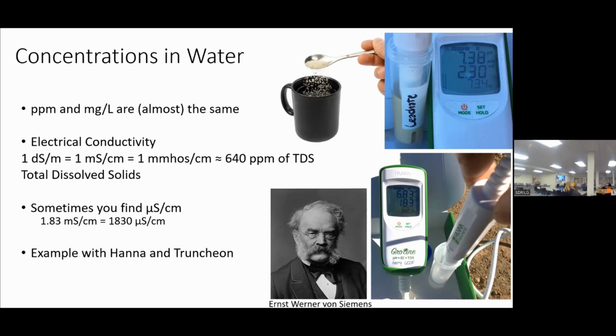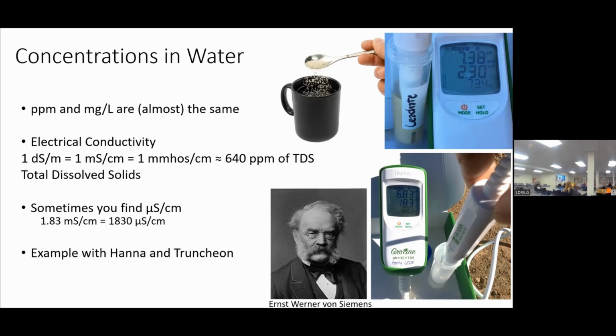Now, we use this trick that we measure the conductivity of water, but it's a trick. I want you to make sure that you remember this is a trick. We measure the ability of this water to conduct electricity, because that's related to how many ions, how many total dissolved solids are in that water.